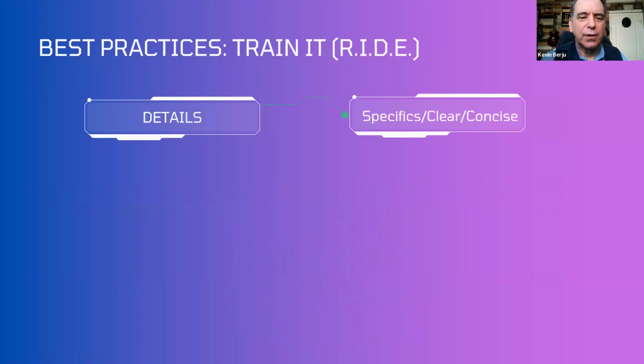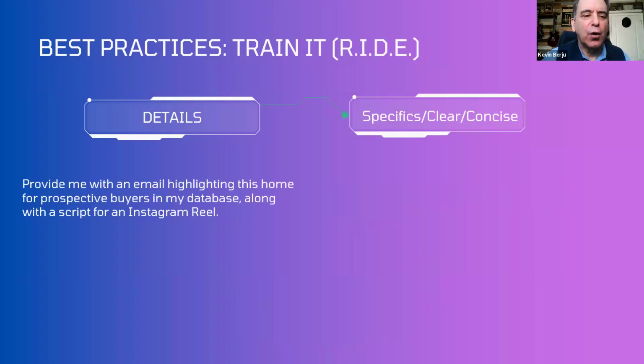Okay, so let's go on to the next one. Okay, best practices, train it. This is the process of specifying the types of outputs you're looking for Chat to provide. Here are a few examples of details. Provide me with an email highlighting this home for prospective buyers in my database. By the way, you can hook it up with your database too, which is awesome. I'm just learning how to do that, so that's not in here yet. With a script for an Instagram reel, okay?